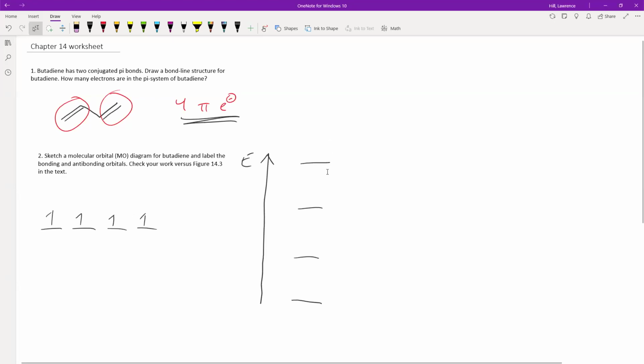The number of molecular orbitals will equal the number of atomic orbitals when you combine atomic orbitals into a molecule. Now, anything that is below this line energetically is considered to be bonding. Anything that is above this line energetically is considered to be anti-bonding. So these are anti-bonding, and these are bonding.